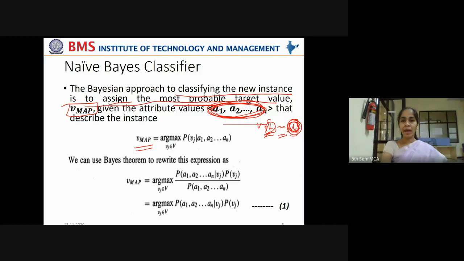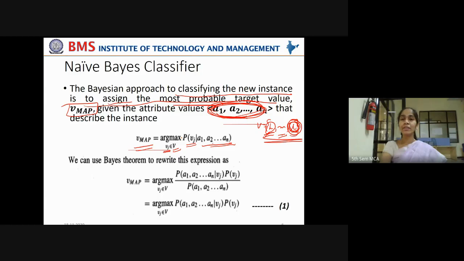So this is argmax over every value in the target value set. How do you represent the probability? Probability of Vj, that particular outcome label occurring, given under what condition?